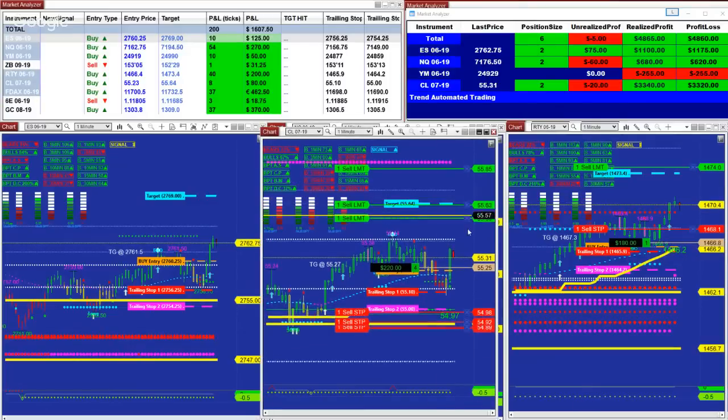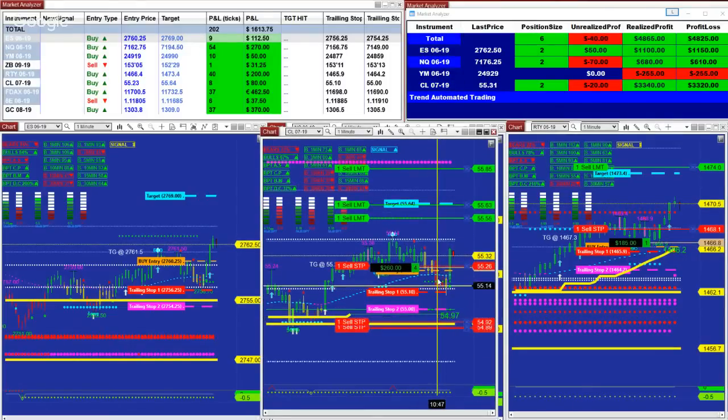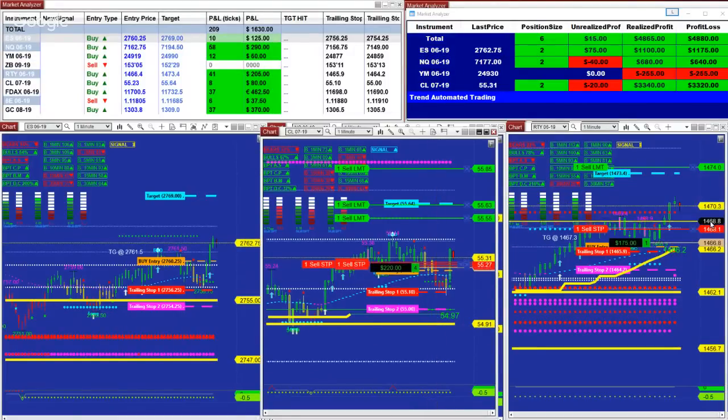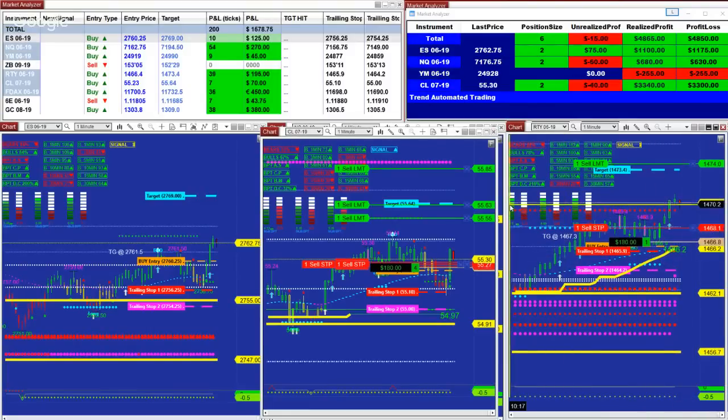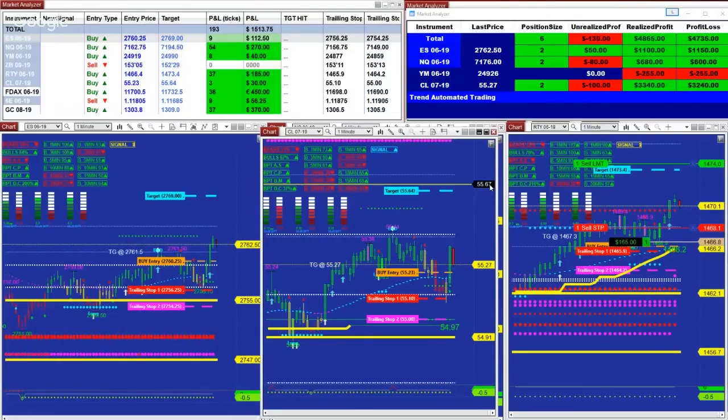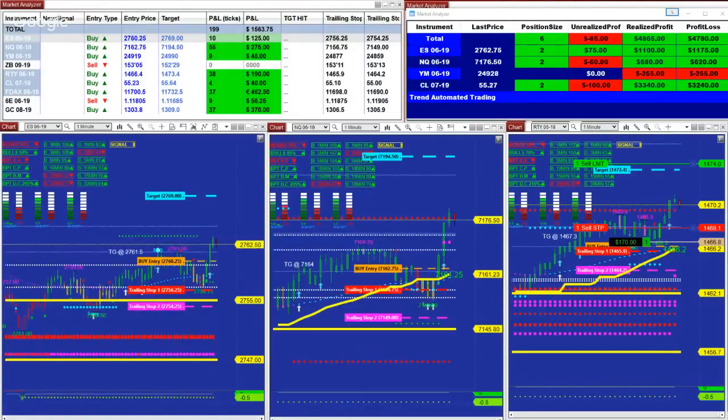So actually, I'm calling it off on all markets because this is foul play. I don't trust this market movement, so I'm closing everything, and I'm going to sit on the side to see what's going on.